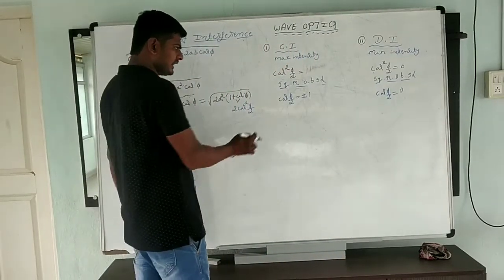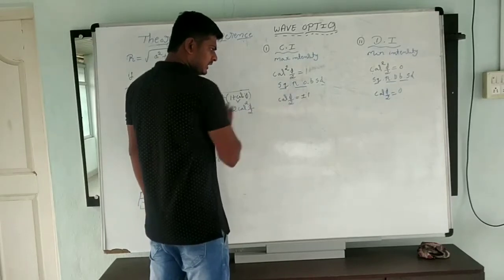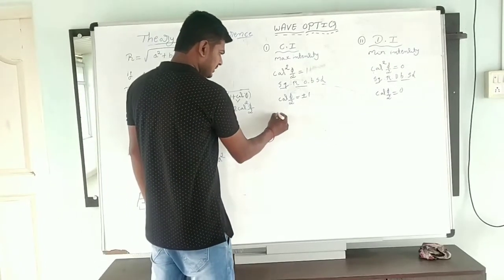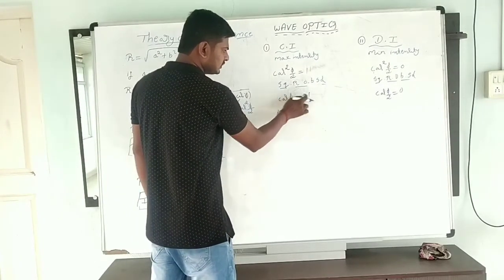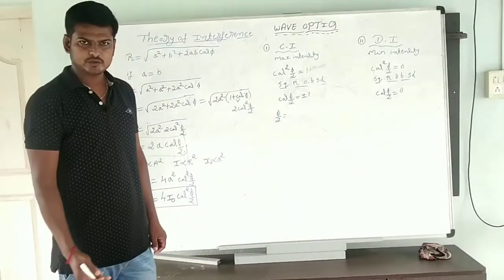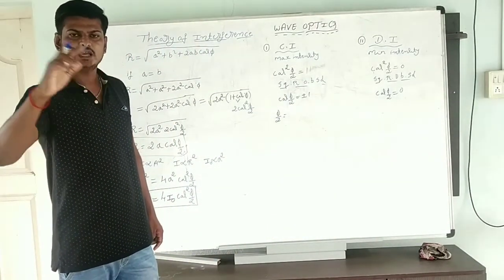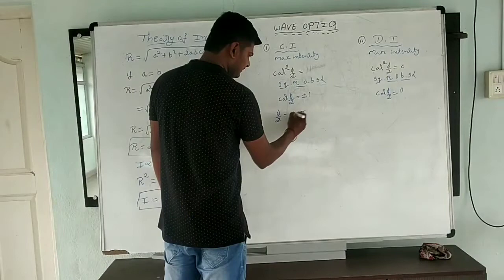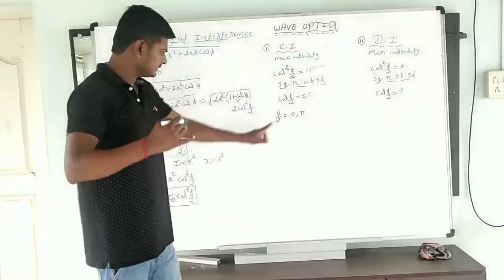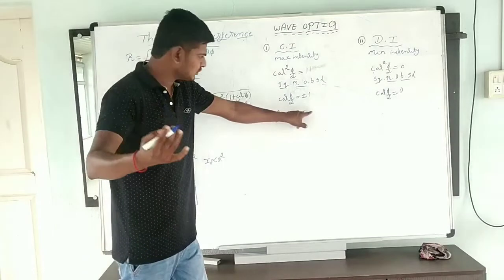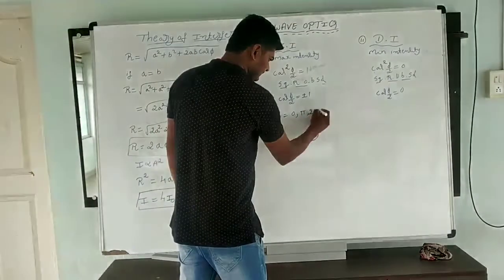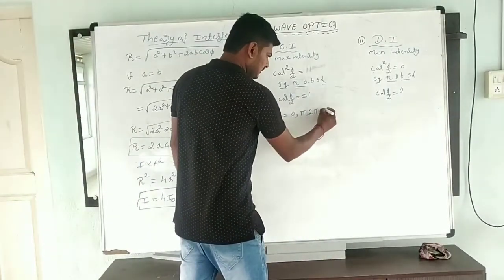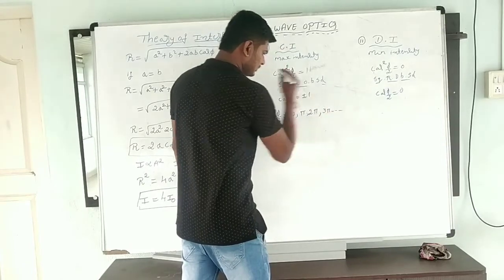Whenever we get cos inverse of plus 1 and cos inverse of minus 1: plus 1 means 0 degree, minus 1 means 180 degree, that is 0, pi. Again plus 1 means 2 pi, 360 degree, again minus 1 means 3 pi, and so on.